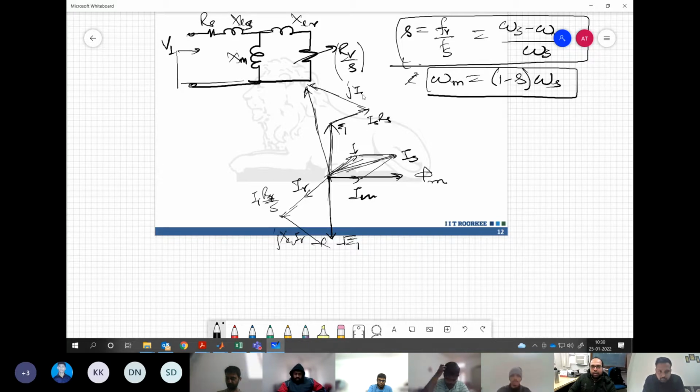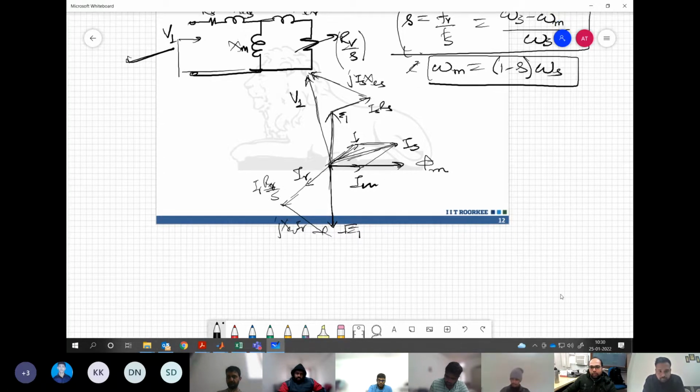ISRS and JISXLS, and this is V1. Just for your reference, we will have a very detailed analysis later on. Now, today's focus would be more on this equivalent circuit and going for the torque speed characteristics from this, and then seeing the effect of rotor resistance insertion.